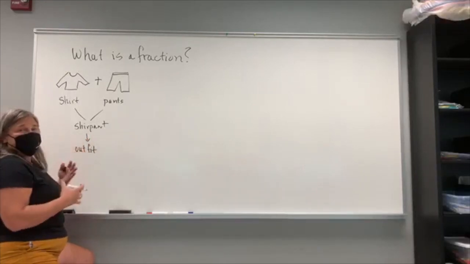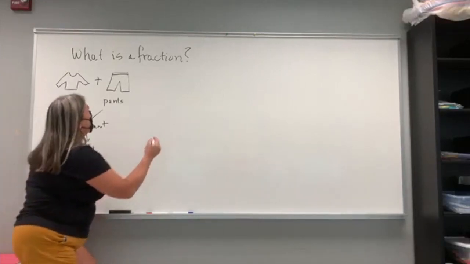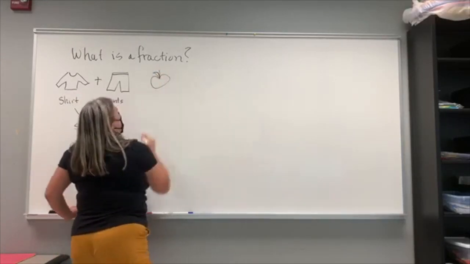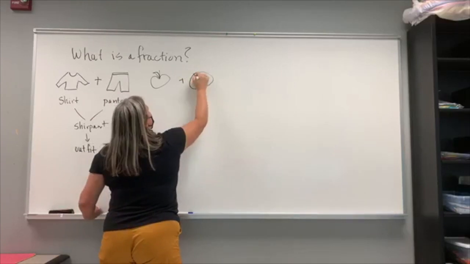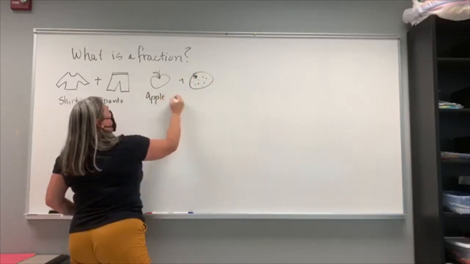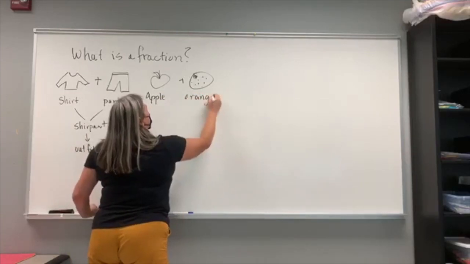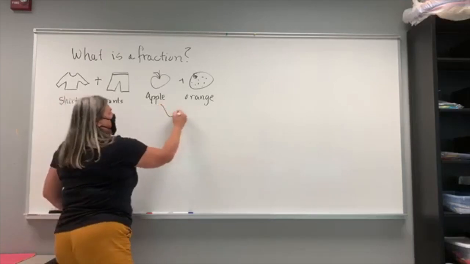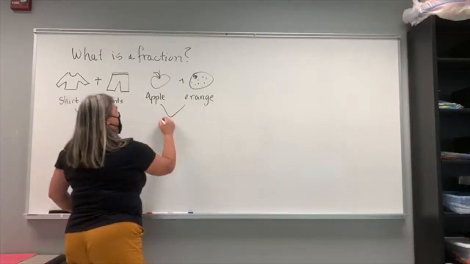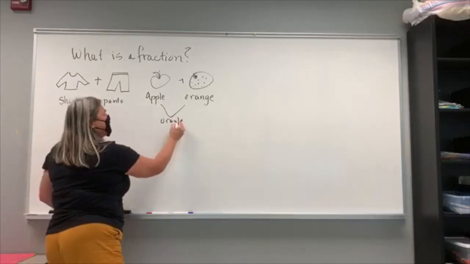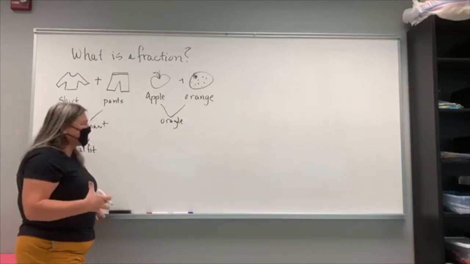So we're going to use this idea with our fractions. So the same thing, let's say you have an apple, and we're going to add that to an orange. So when we add an apple and an orange, there's no name. I mean, an orangeal or something, we could make up some name, but it doesn't really make sense.